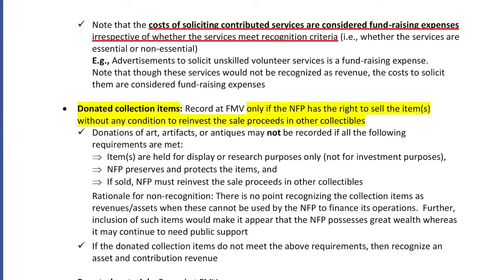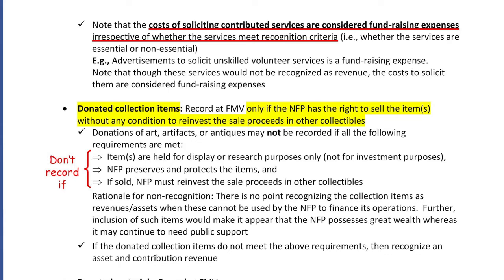Now, the donations of art, artifacts, or antiques may not be recorded if all of the following requirements are met. So draw a bracket there and write don't record if number 1, the items are held for display or research purposes only, not for investment purposes.